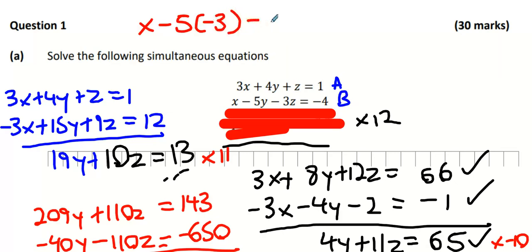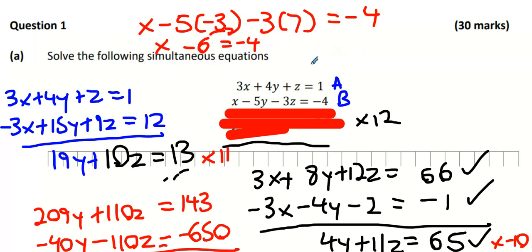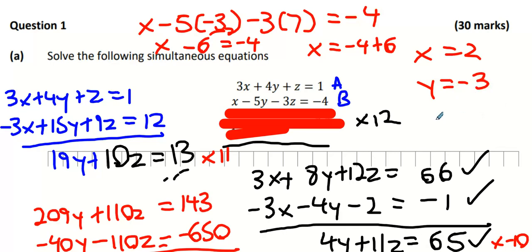Minus 3, and what's z? 7. That's going to be 15, take away 21, which is minus 6. Bring the minus 6 out to your side, and this implies x equals 2. So x equals 2, y equals minus 3, and z equals 7.